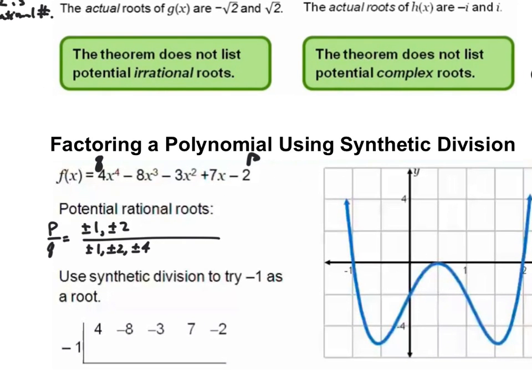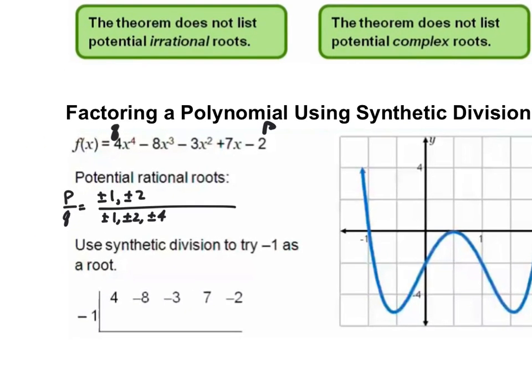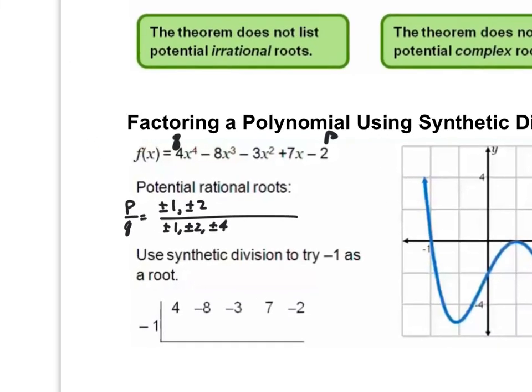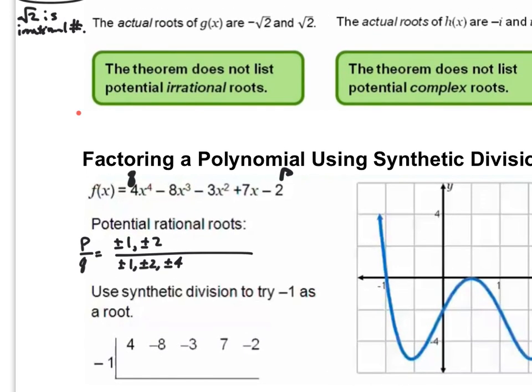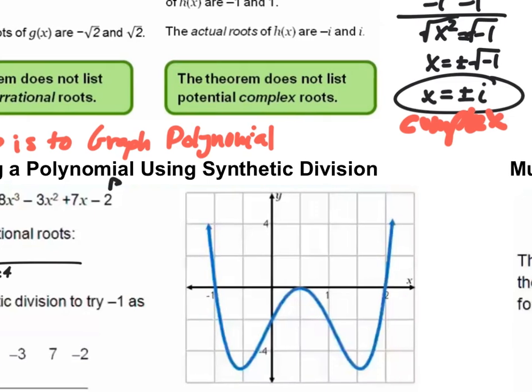Now, the reality is this is kind of a pain. I don't want to sit here and take all of these possible combinations of numbers and use synthetic division to see which one gives me a remainder of 0. The first step for this, and I'm going to put this in big bold letters here, is to graph the polynomial to get a starting point.